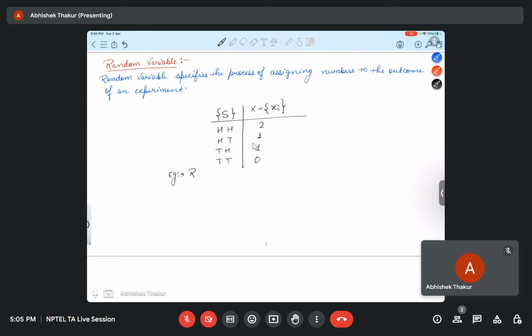So this random variable X is defined such that it is specifying the number of possible heads in the experiment of tossing a coin twice.